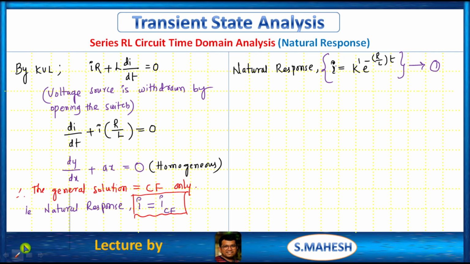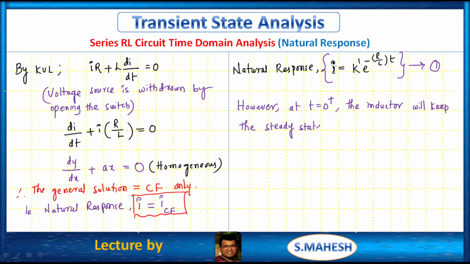However, at t equals 0 plus, the inductor will keep the steady state current, that is V by R, right? What is the value of steady state current when it is forced response?